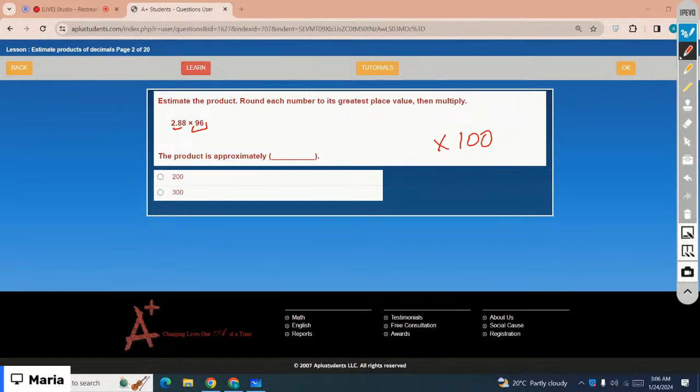So the very first digit right after decimal is 8, right? You have to round up. It would be rounded off to 3. So that is 100 times 3 and 100 times 3 is 300. So the correct option is 300. Got it? The correct option is 300.